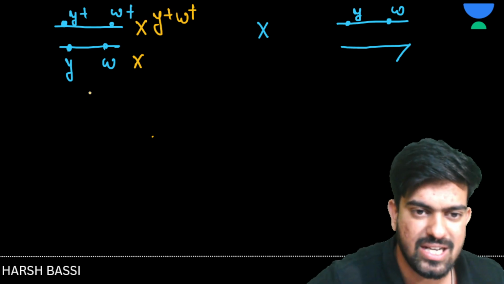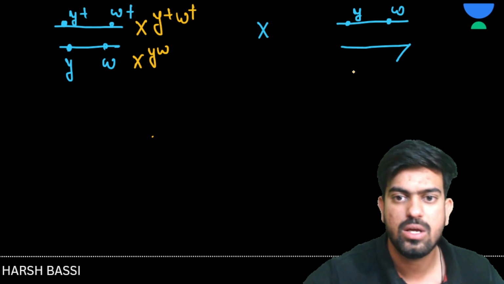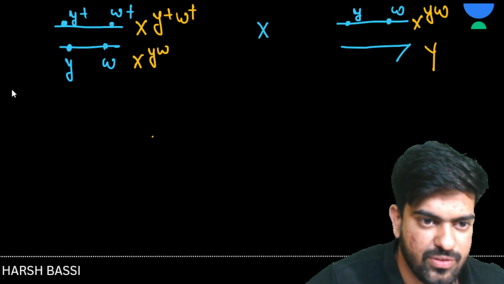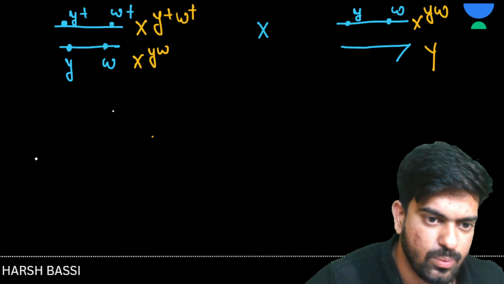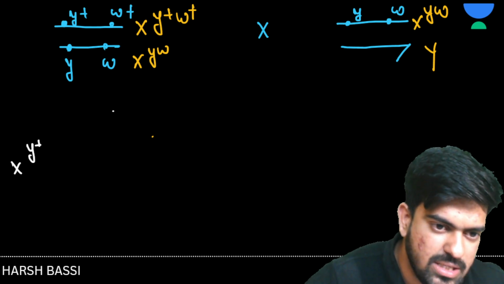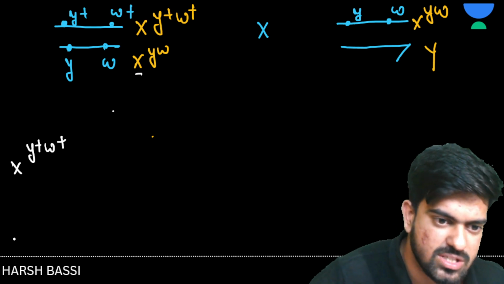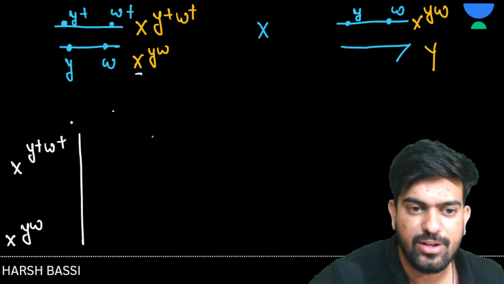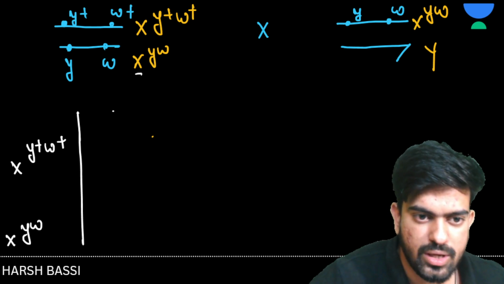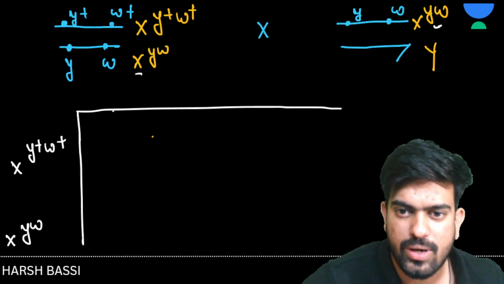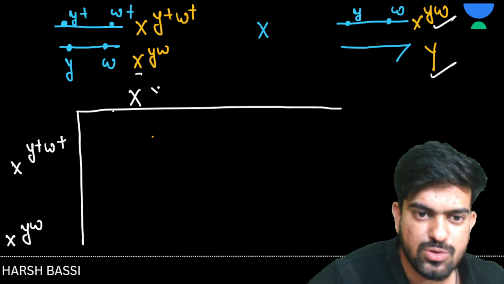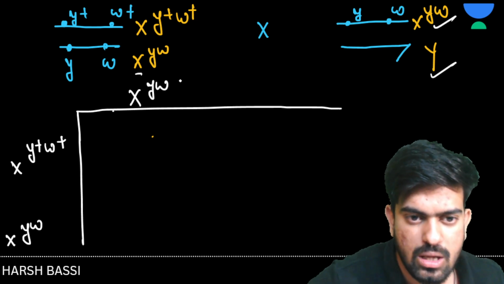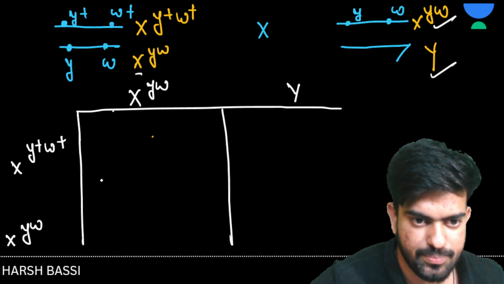If you're having trouble understanding, let's make it in terms of X and Y. Here we have X, YW and Y. So how many types of gametes are they going to make? From the female part we get one gamete X, Y plus W plus and this gamete X, YW. In the male, one gamete is X, YW and the other is Y. Okay, great, sir.